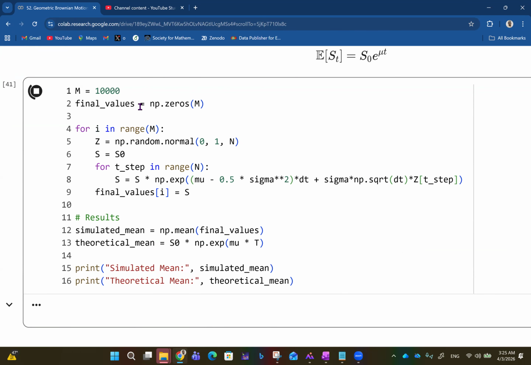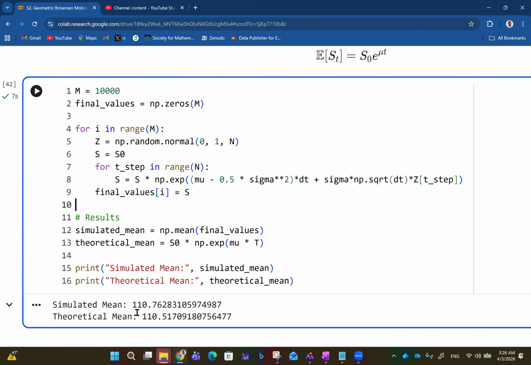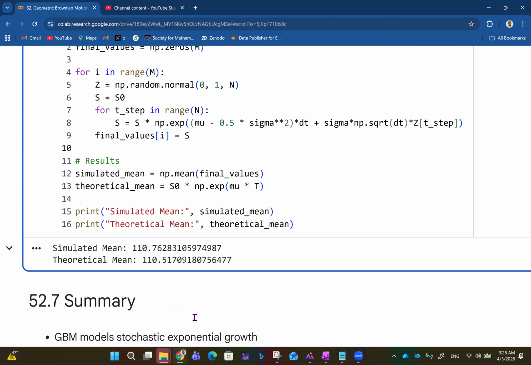This is taking a lot of time because we have 10,000 paths. So you see, we have 110.6, 110.5. That's pretty close. If you keep running it, it keeps changing, but the values will be very close. Okay, 110.76, 110.552 or so. So things like that.